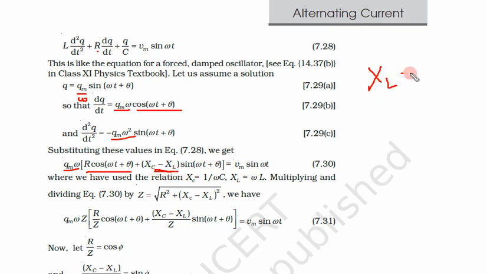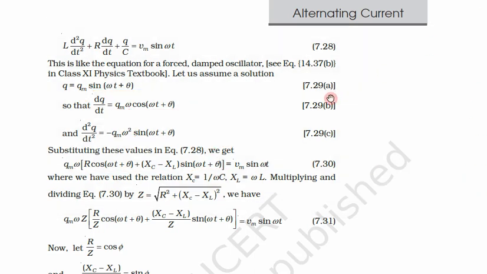XL is equal to omega L. So one omega is here, and one omega has gone into this XL, and this is with sine omega t. And this last term q is already with sine omega t. This is in plus, and it is written as Xc because qm omega is common, so 1 by omega c. So Xc is equal to 1 by omega c. In this way we have written this equation.